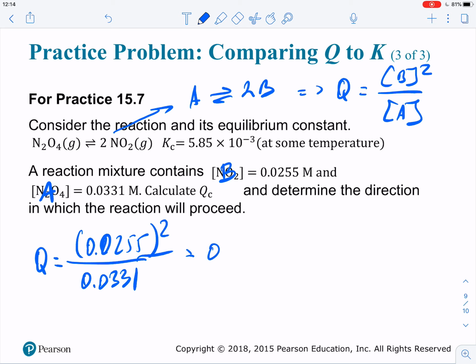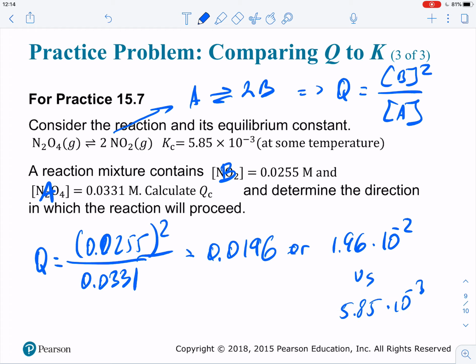And this is 0.0196, or 196 times 10 to the negative 2. Now we compare this to 585 times 10 to the negative 3. The conclusion is Q is larger than Kc.